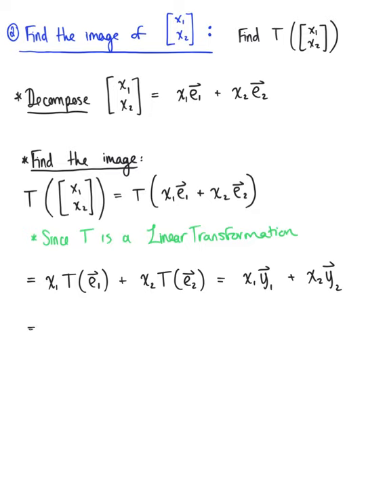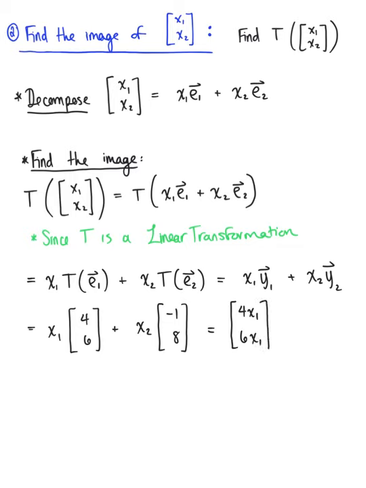So plugging in those vectors, we now have x sub 1 multiplied by the vector y sub 1, which is defined by the components 4, 6, plus x sub 2 multiplied by vector y sub 2, which is defined by the components negative 1, 8. And we can further simplify, so we have the first column vector is 4 times x sub 1, 6x sub 1, plus our second column vector becomes minus x sub 2, 8x sub 2.